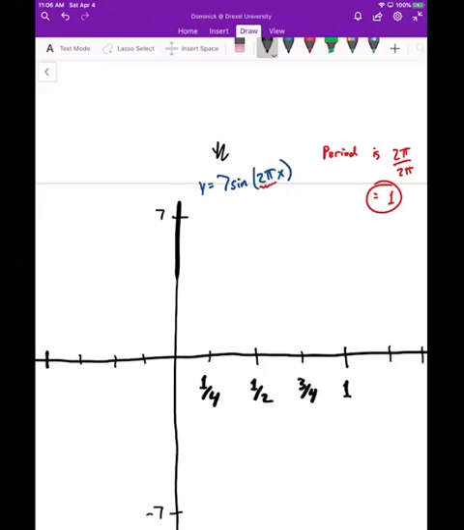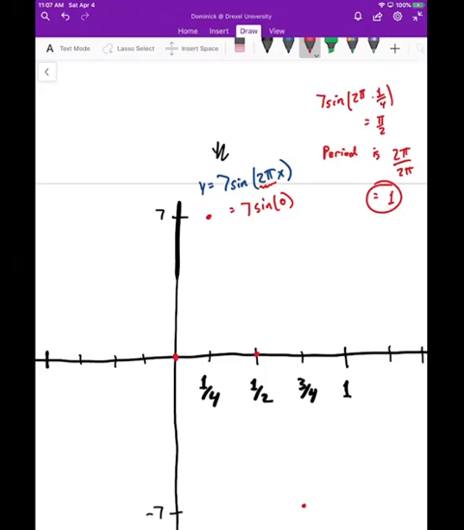Now, for example, if you plug in 0, you get 7 times sine of 2 pi times 0, so that's sine of 0, which is still 0. But if I plug in 1/4, taking 2 pi times 1/4, I get pi over 2 on the inside. So 7 times sine of pi over 2 is 7 times 1. So at 1/4, I'm up to 7. And of course, at 1/2, I'm going to get sine of pi, so I'm at 0.